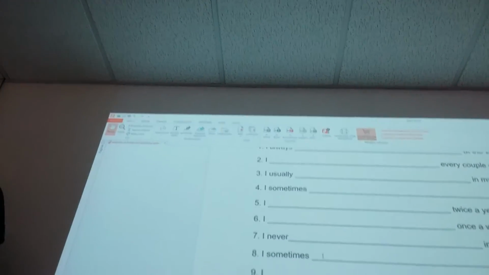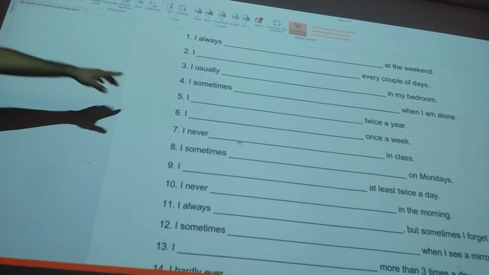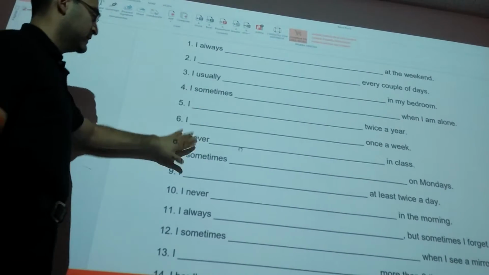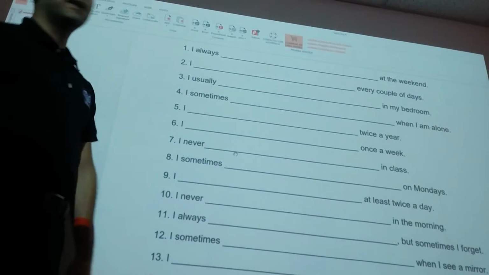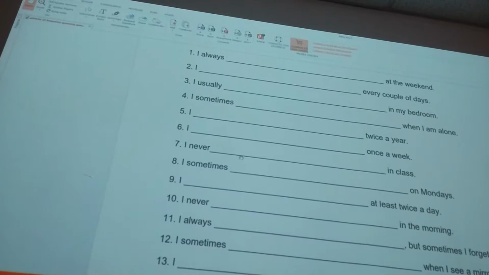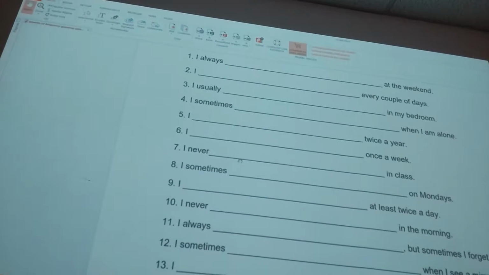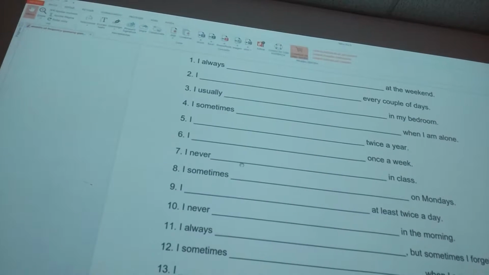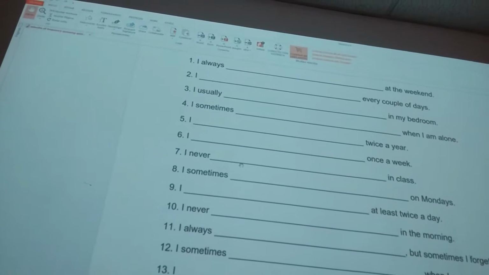Often, and etc., right? Now, we have frequency adverbs: always, usually, sometimes, never. And we have frequency expressions. For example, twice a week, three times a day, at the weekend, every couple of days. What's the difference? Actually, it's very visual.